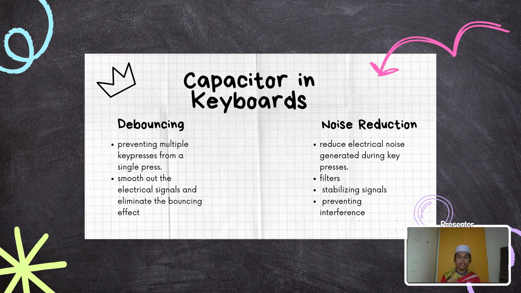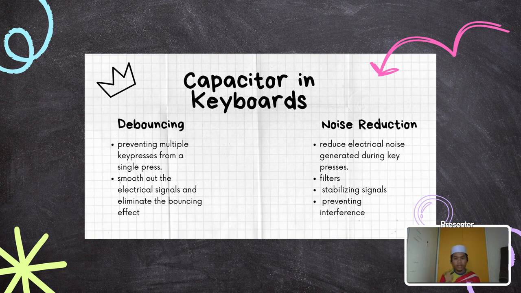The second function of capacitors in keyboards is noise reduction. Keyboards can generate electrical noise during key presses, which can interfere with other electronic components or cause false signals. This is where capacitors play their part. Capacitors in keyboards act as noise filters. They absorb and stabilize electrical fluctuations and high frequency noise that occur during key presses.